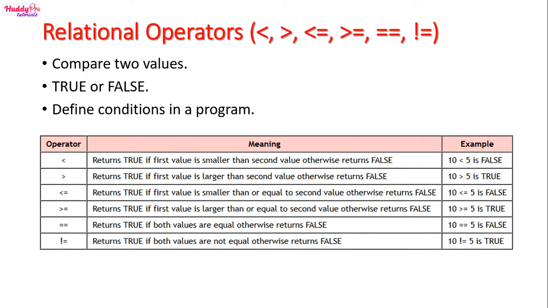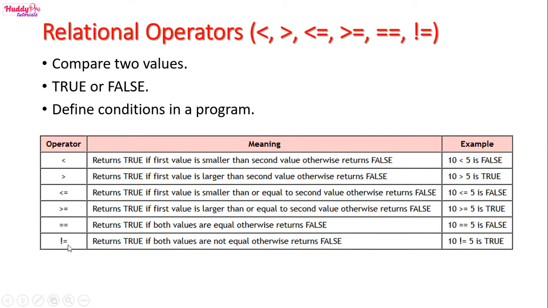This table tries to provide information about the relational operators. So you have the less than sign, greater than, less than or equal to, greater than or equal to, the equal to. For the equal to operator, we use double equal signs. If it is only one equal sign, then it's not the equal to operator, but rather an assignment operator.